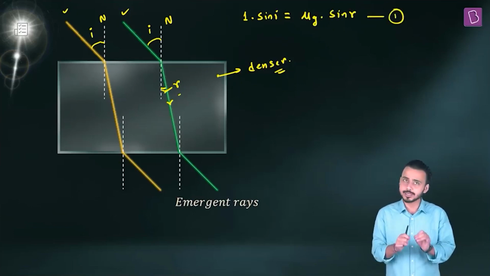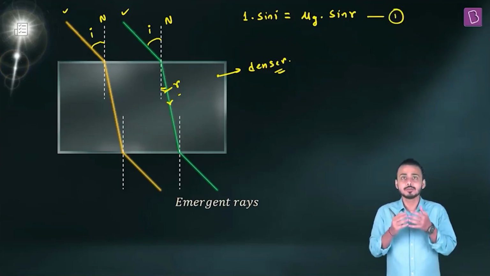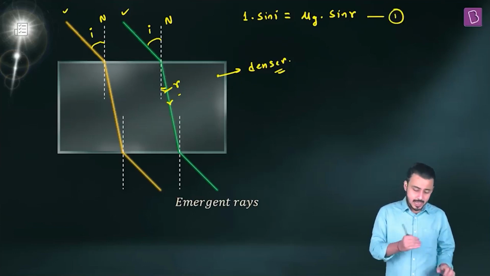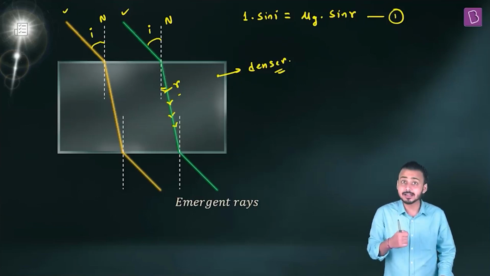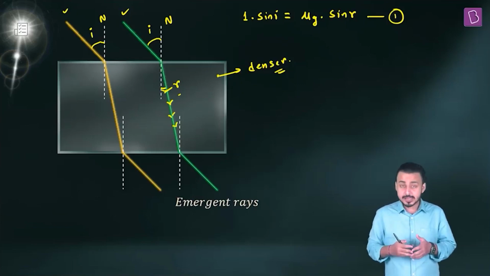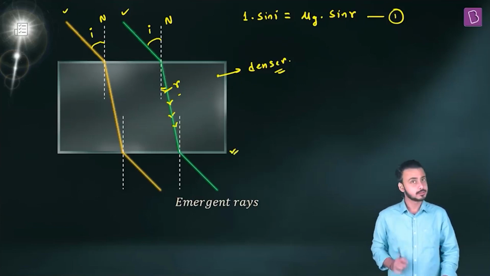Let's say I'm talking about a particular color and this is my equation number 1 for the refraction on the first face. Now this ray becomes the incident ray for the second face. The refracted ray from the first face becomes the incident ray onto the second face, correct?